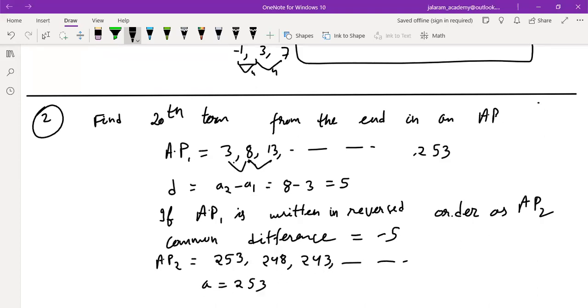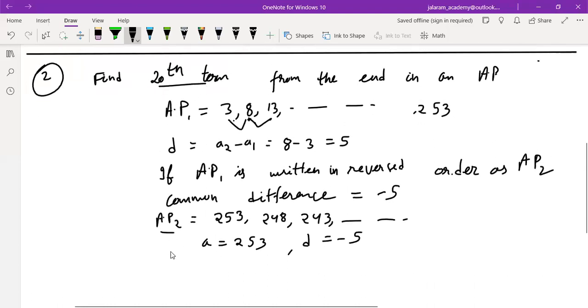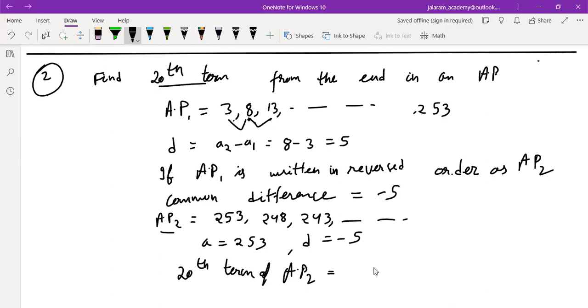So the first term of this new AP is 253, the common difference is -5, and we have to find the 20th term of this AP2. It will be equal to the 20th term from the end in AP1. Is that clear to you? Yes, sir.